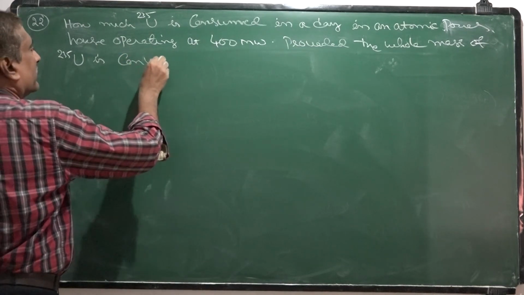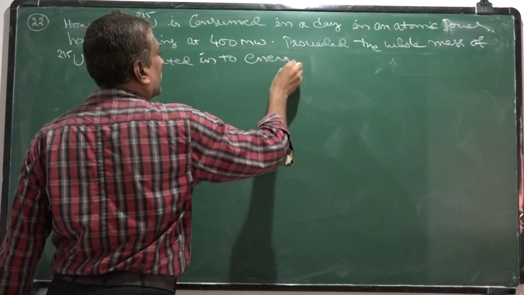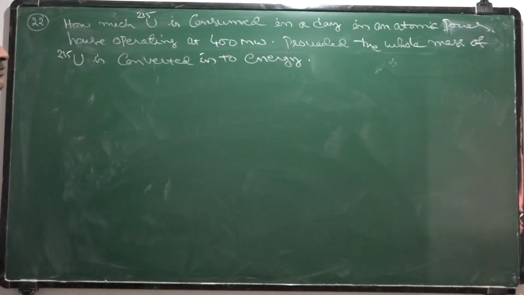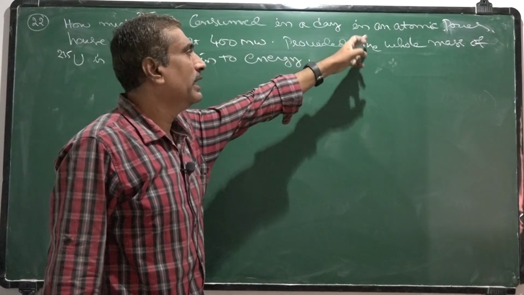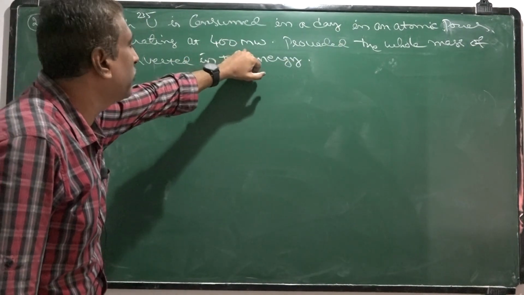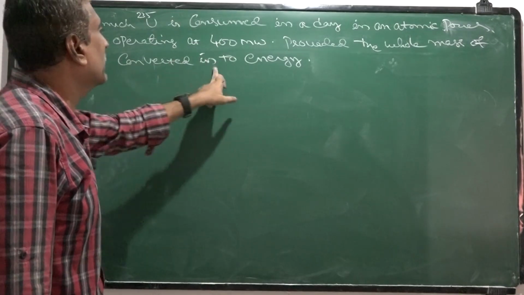Is converted into energy. How much uranium is consumed in a day in an atomic power reactor which is operating at 400 megawatt, provided whole mass of the uranium-235 is converted into energy.